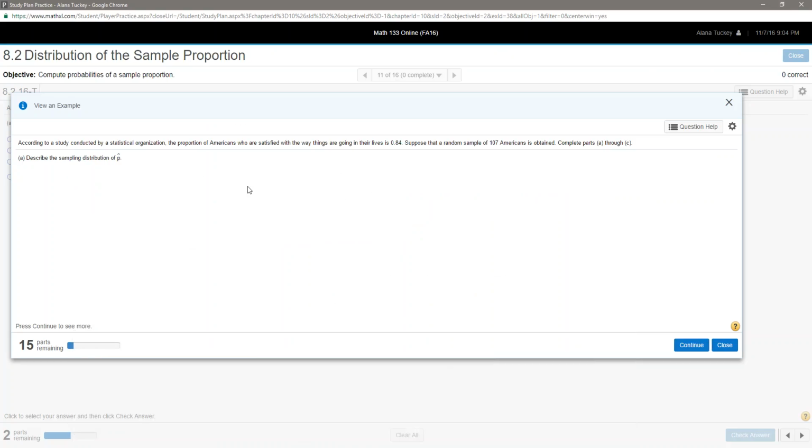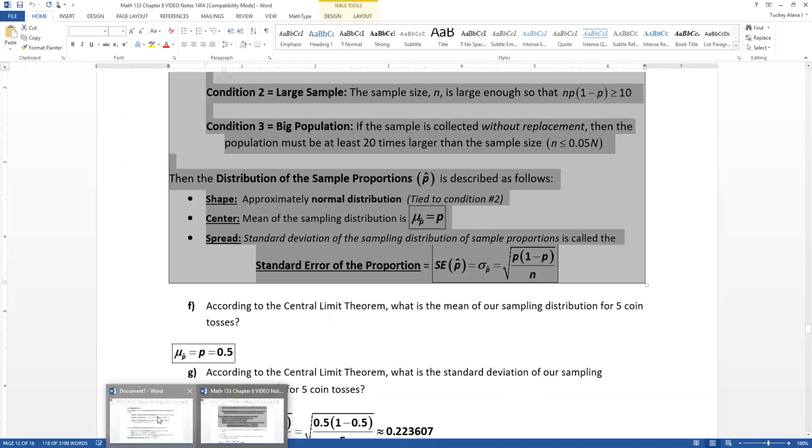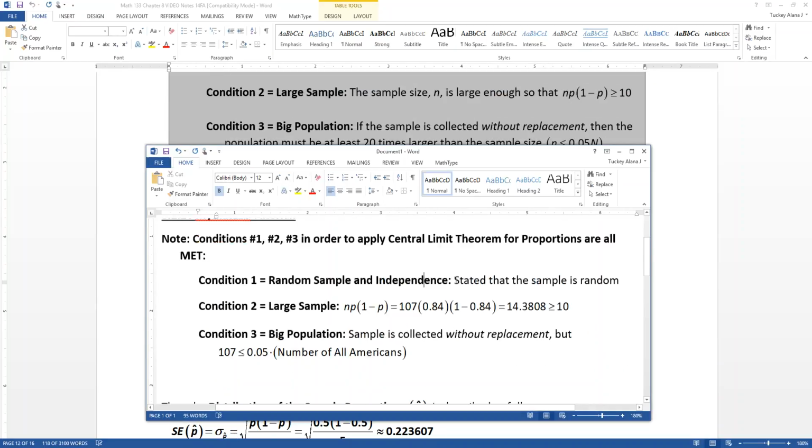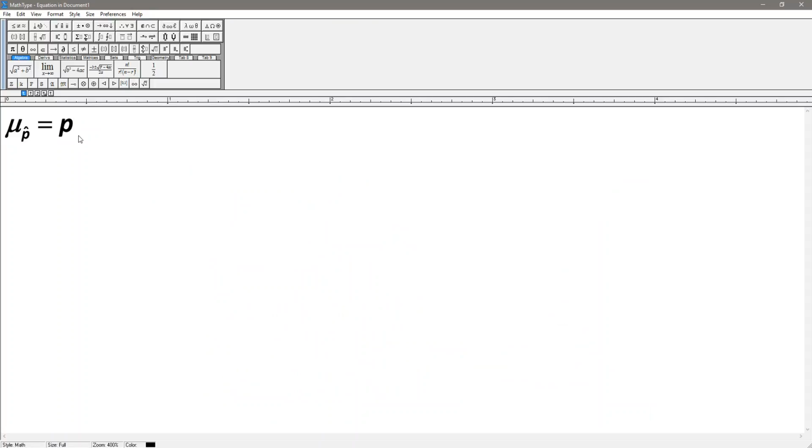In our case, that will be our population proportion, which is 0.84. So mu p hat is equal to 0.84.